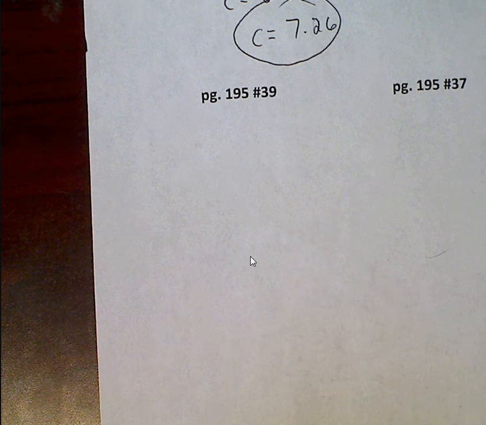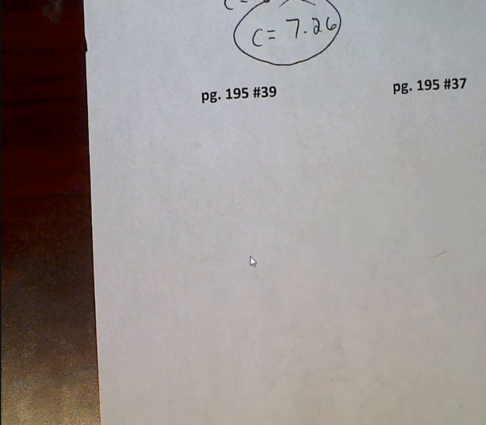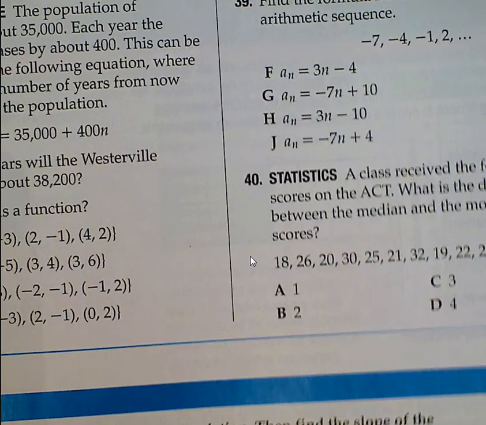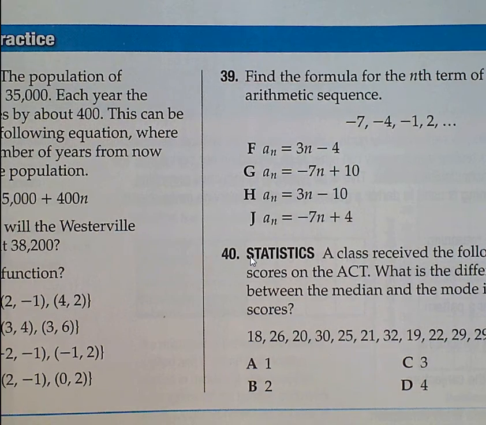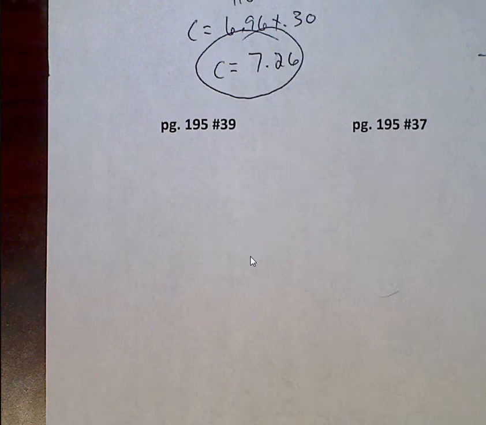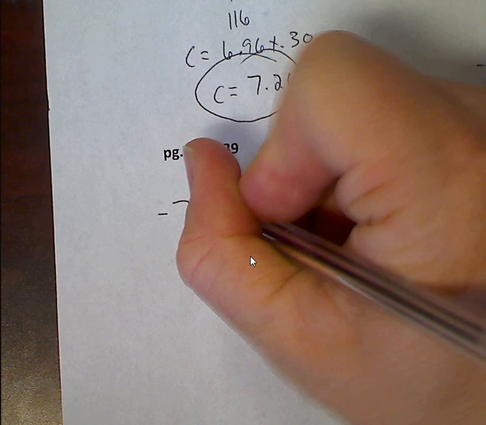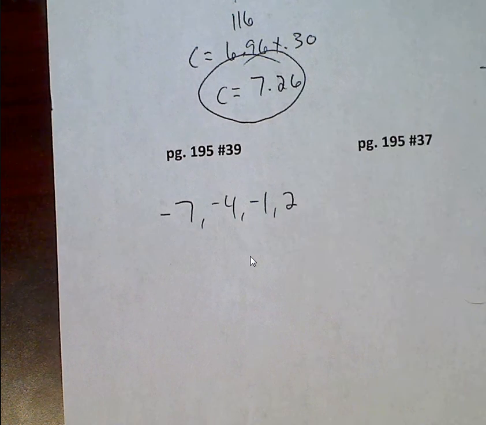Now we are on page 195, number 39. It says, find the formula for the nth term of the arithmetic sequence -7, -4, -1, 2, and so on.